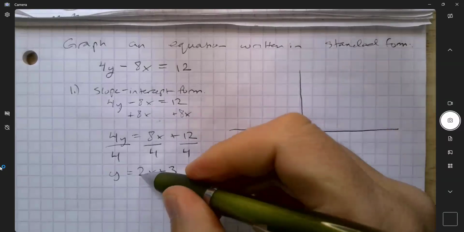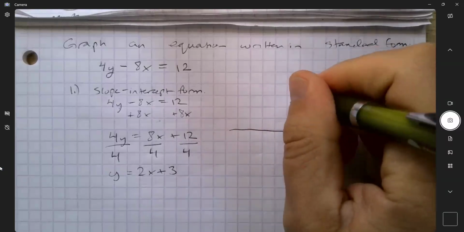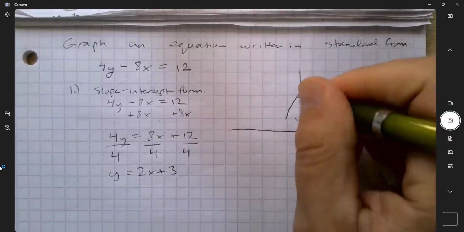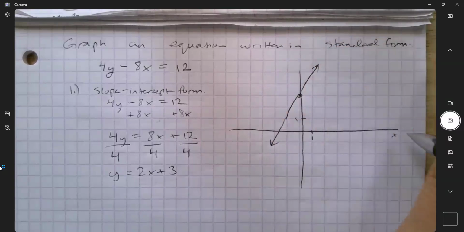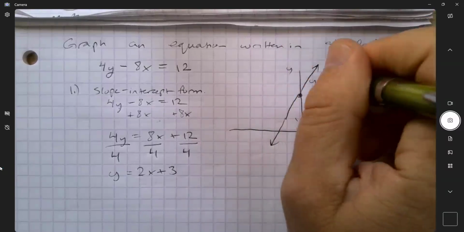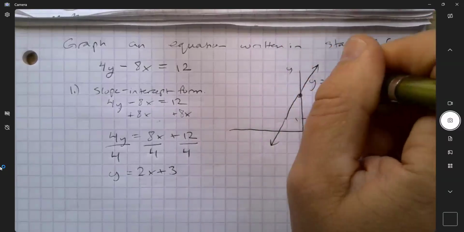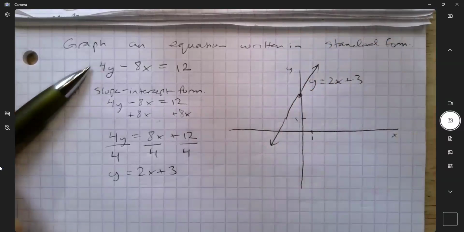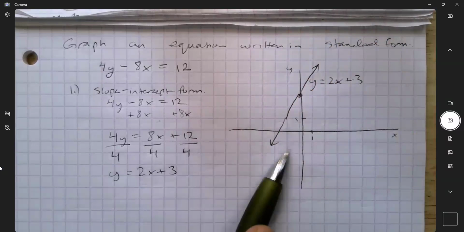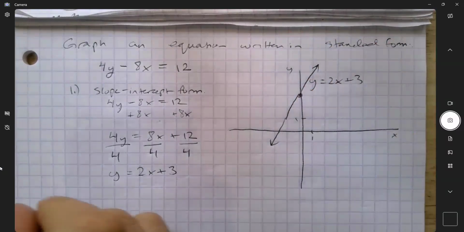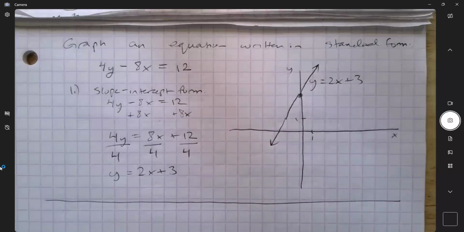My line has a slope of 2 and goes through the point 0, 3. So there it is. There's my line right there. All right, I'm converting something new back into something that I'd worked with before, and that makes my task a little easier. That's option one for graphing.